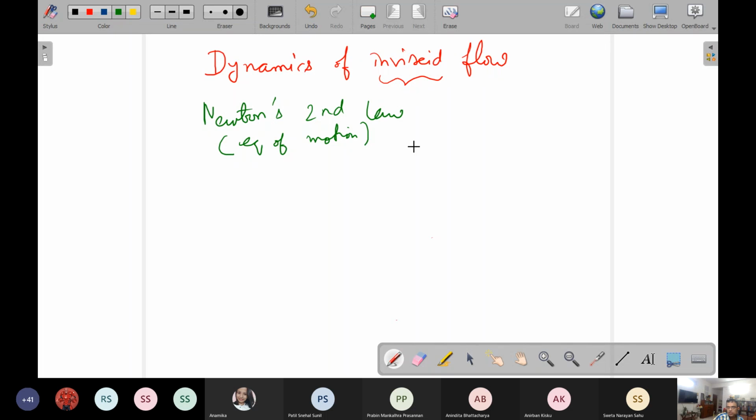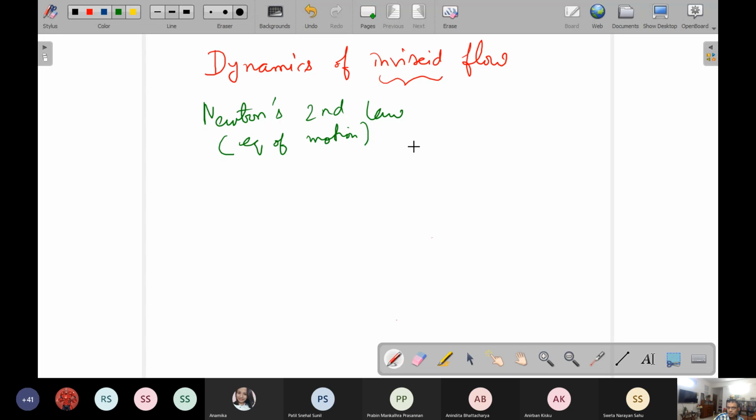As I keep on telling, for any concept I would prefer to start with a school level idea, because school level ideas are most of the time intuitively correct, but mathematically not that strongly founded, because the rigor of mathematics at the school level is limited.